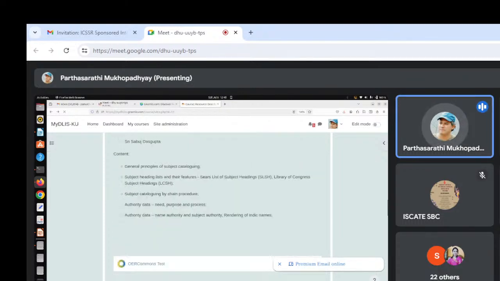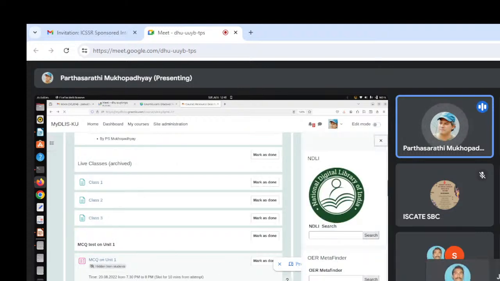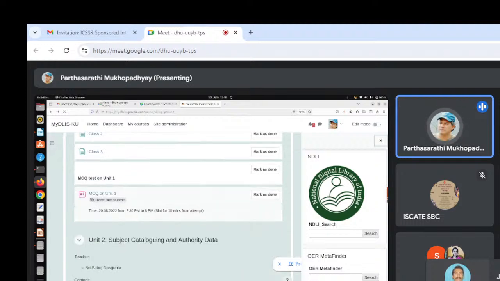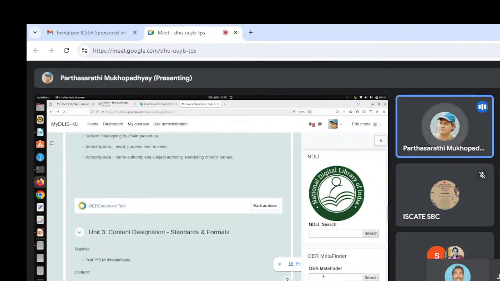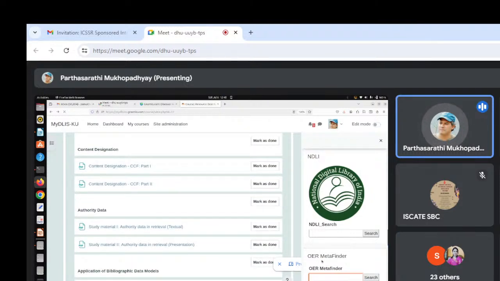And interestingly, we can add a lot of other material here, like the entire NDLI, so that students can find materials from NDLI and so on, and our own library system. So this is the OER Finder. If I search, this is a catalog course, say library catalog. So my students can find, this is called the OER Meta Finder.